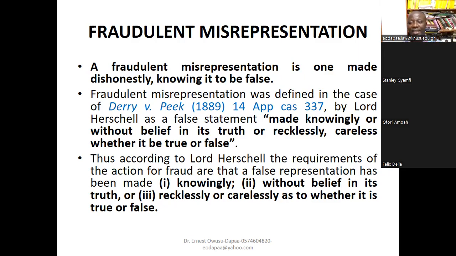So that if he had actually availed himself of the opportunity which existed, he could have become aware of the falsity of that representation. So that's what we are talking about. Derry and Peek is a very important authority you should keep in mind.